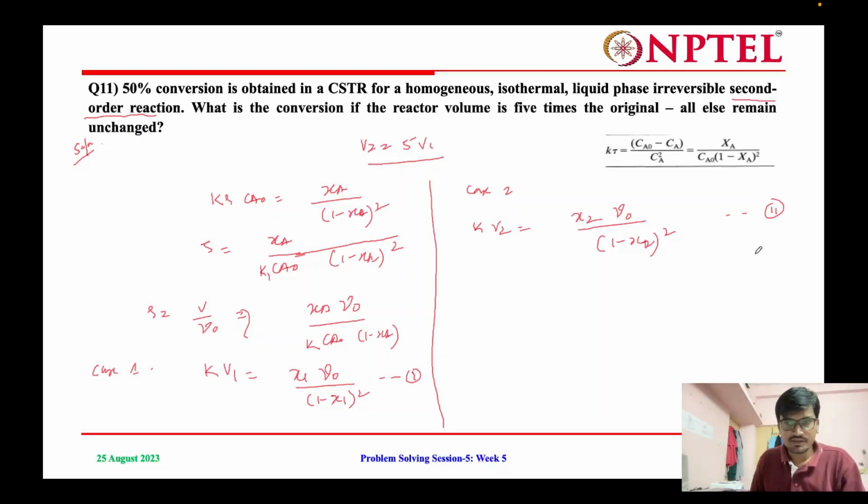Divide equation 2 by equation 1. So V2 by V1 equals X2 by X1 into (1 - X1) squared divided by (1 - X2) squared, right?